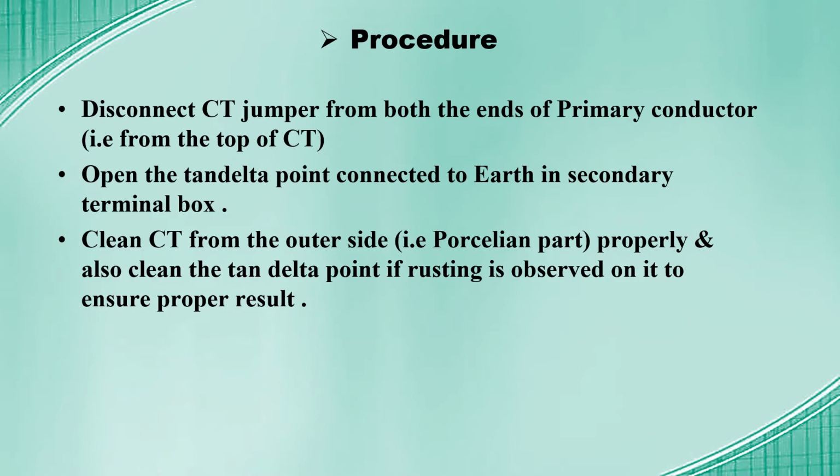Because of that, your tan delta result may increase, because tan delta is nothing but the ratio of IR by IC. If IR increases, your tan delta also increases. Also, the tan delta point, if found rusted, should also be cleaned, because rust also provides a resistive current.